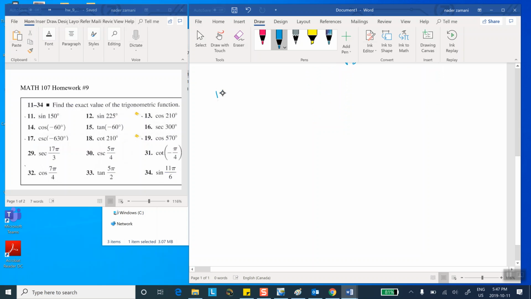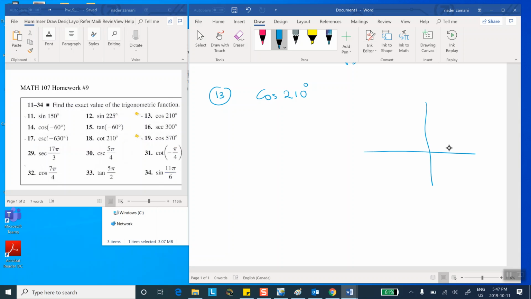So number 13, we have cosine of 210 degrees. Once again, it helps if you draw this thing. So 210 means 180 plus 30. Okay, so it's over here. So this angle is 210 degrees. And the reference angle for it is right there.